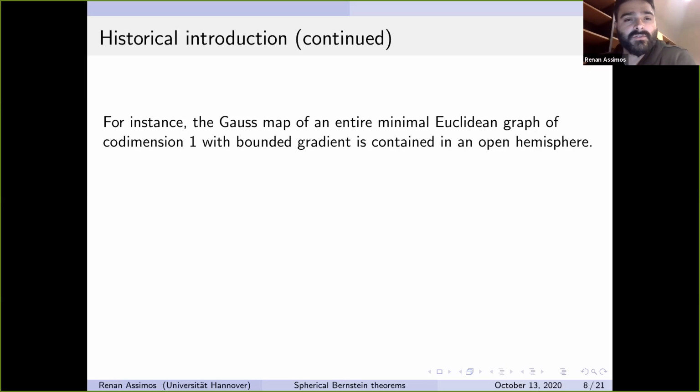So then what we are going to try today is to prove that a harmonic map, namely the Gauss map, is constant. And this is going to tell you that we are in a flat, totally geodesic space. This is true for the classical Bernstein and also for the spherical Bernstein. The definition of the Gauss map changes a little bit, but it's essentially the same.